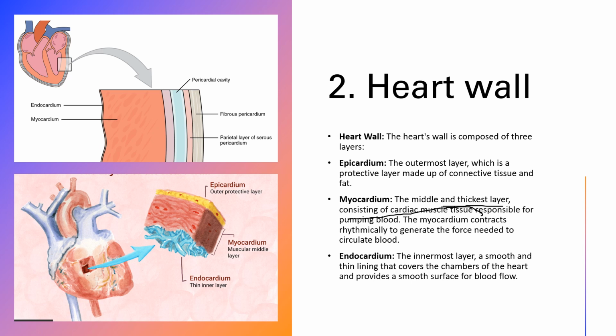The myocardium contracts rhythmically to generate the force which is required to circulate blood. Now the endocardium. The endocardium is the innermost layer, a smooth and thin lining that covers the chambers of the heart and provides a smooth surface for blood flow.